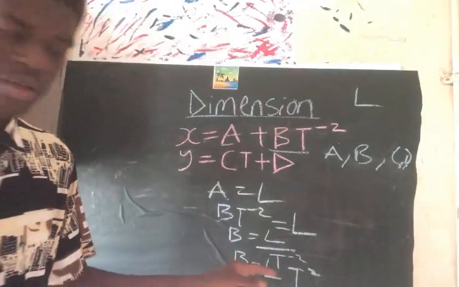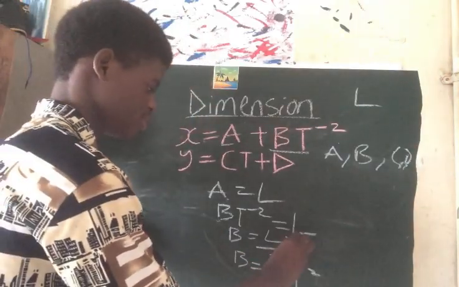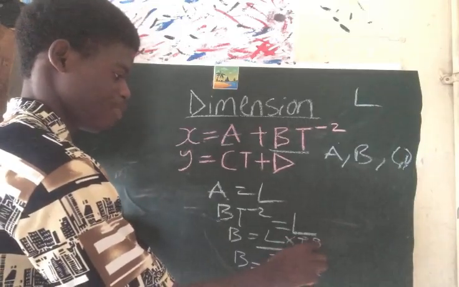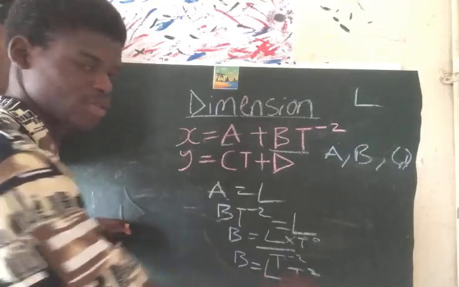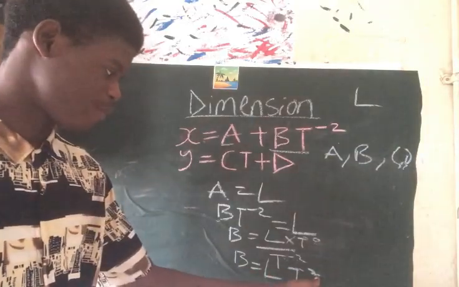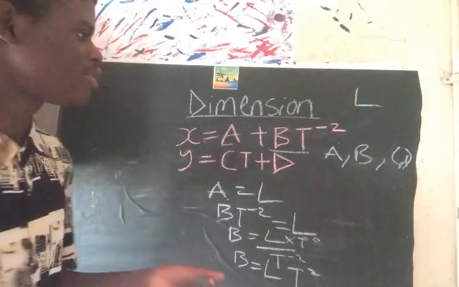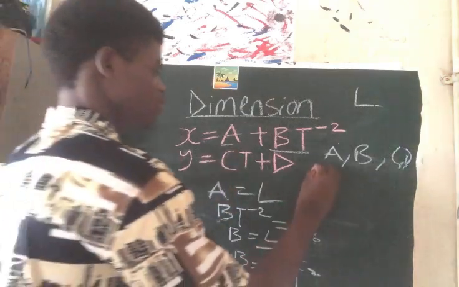You feel me? Because T raised to power minus 2 is in the denominator, it's as if we have an invisible 0 here, so we have 0 minus minus 2, that is 0 plus 2. It's just simple indices. So b is equal to LT squared. Understand? So we've gotten b like that. For c, how do you get c? This ct, we can say y is equal to ct.